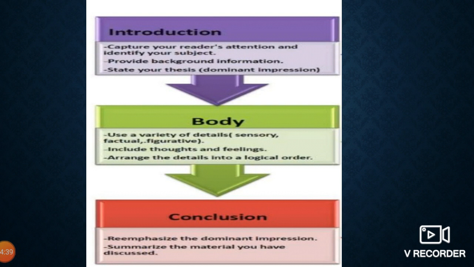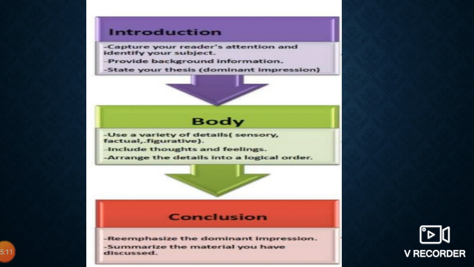Then body: use a variety of details. Variety of details means whatever the facts regarding Pune, whatever the famous things regarding Pune, that you are supposed to write in the body. Include thoughts and feelings. Okay, what you feel regarding your city, how you experienced your life, your memories in your city.